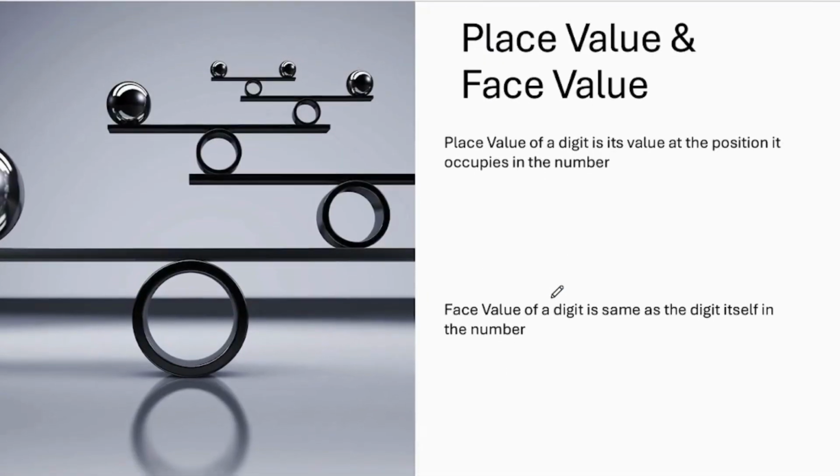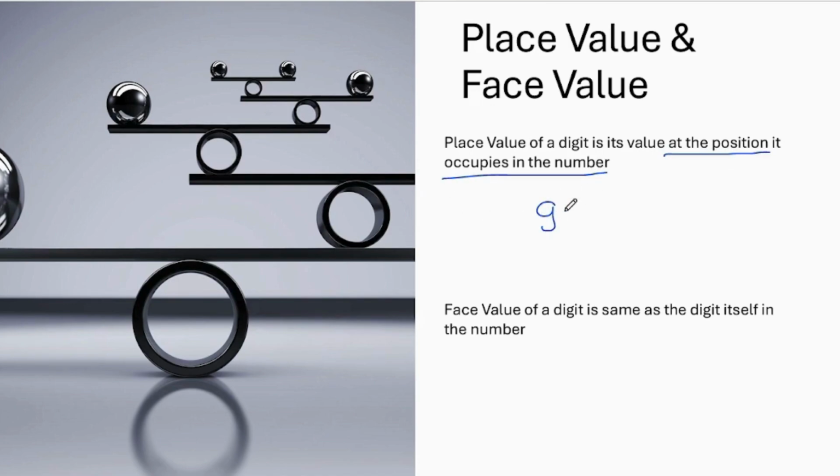But before that, let's understand one more topic, which is called place value and face value. Place value of a digit is the value of the position it occupies in the number.